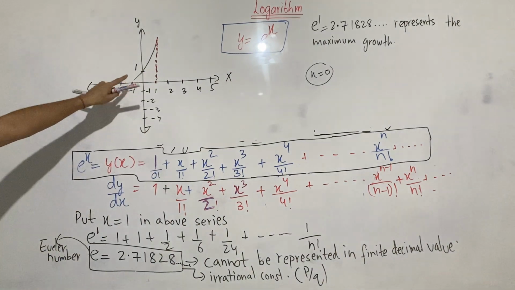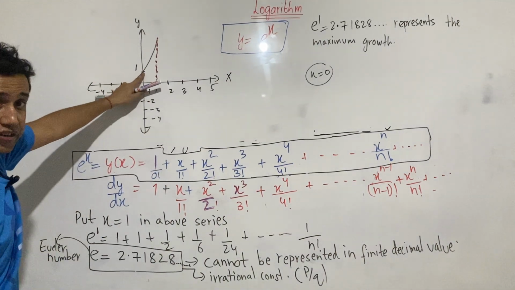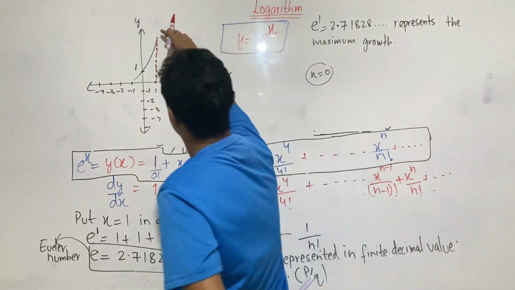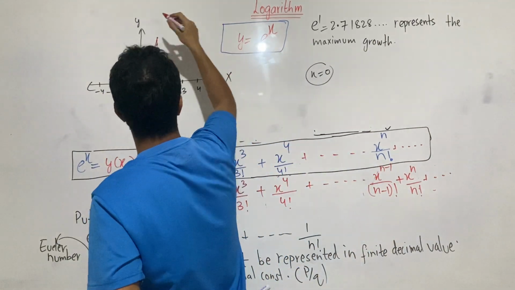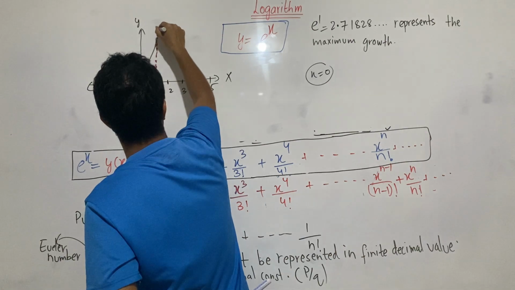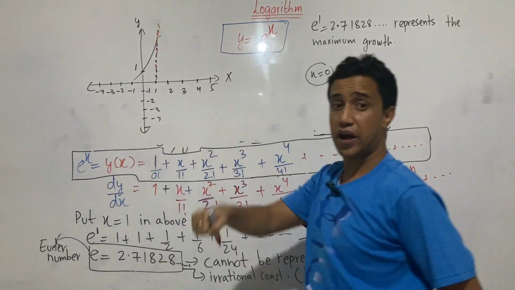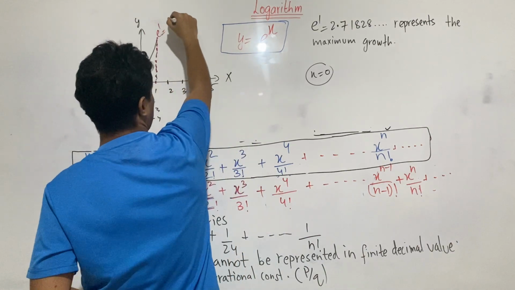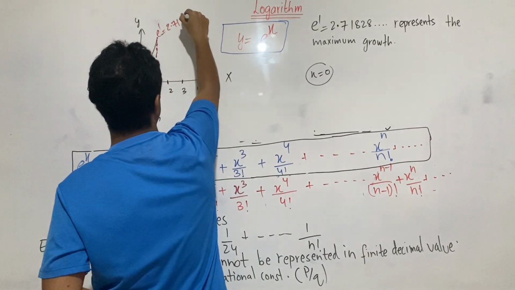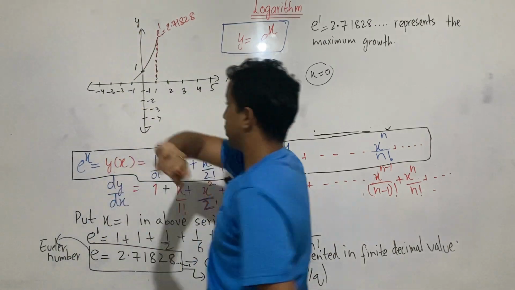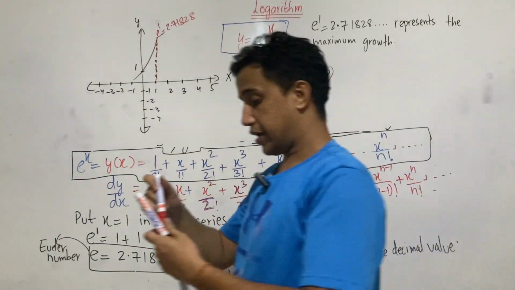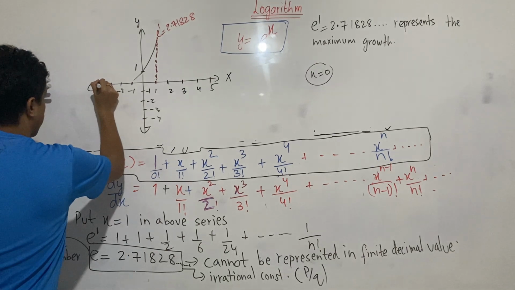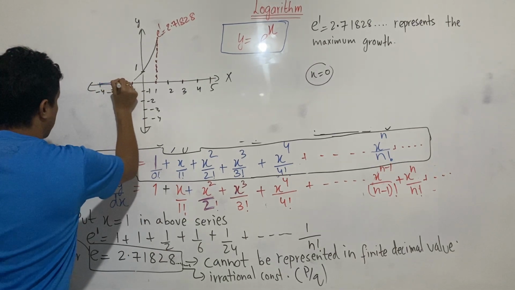We started here, so here it's going to be e to the 1, which is 2.71828. On this side, it will follow the same thing.